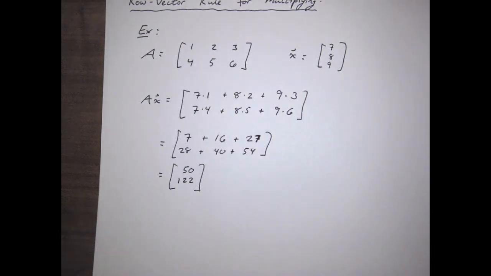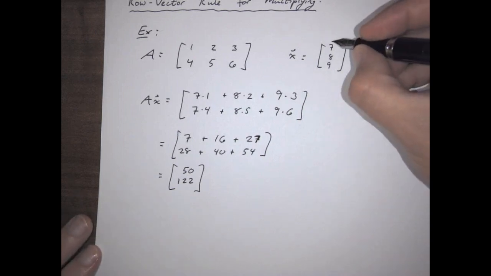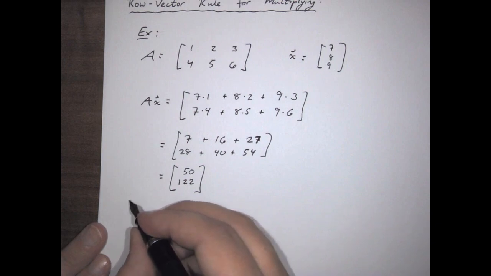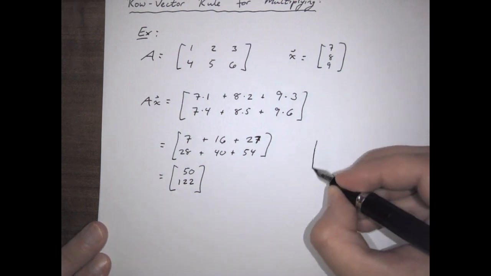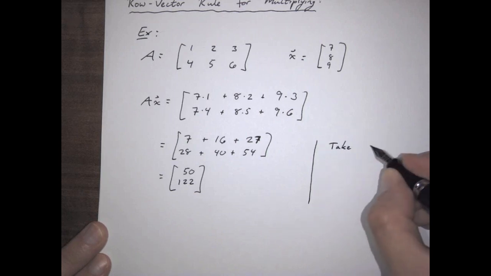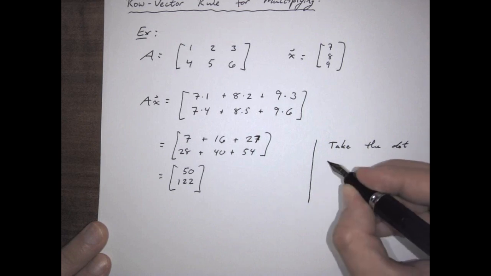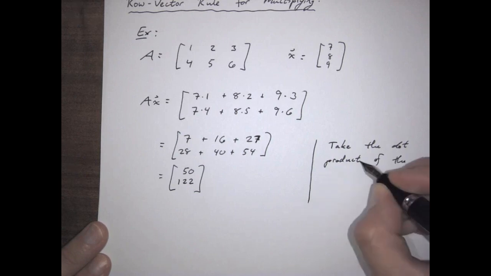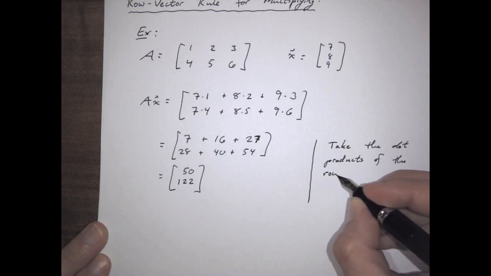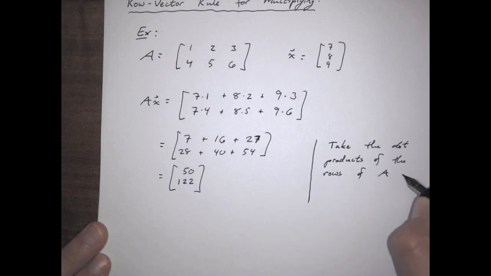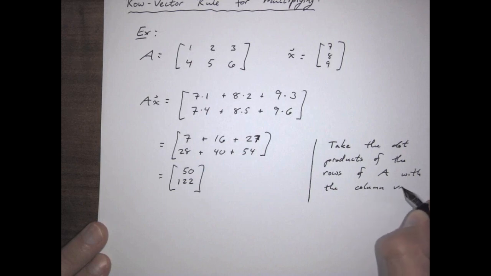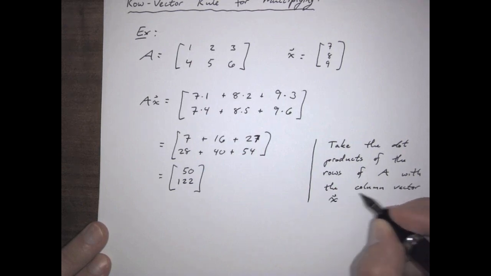What this basically amounts to, for those of you who've been around the vector block a little bit, is taking the dot product of the column vector x with the row vectors of A. So we take the dot product of the rows of A with the column vector x.